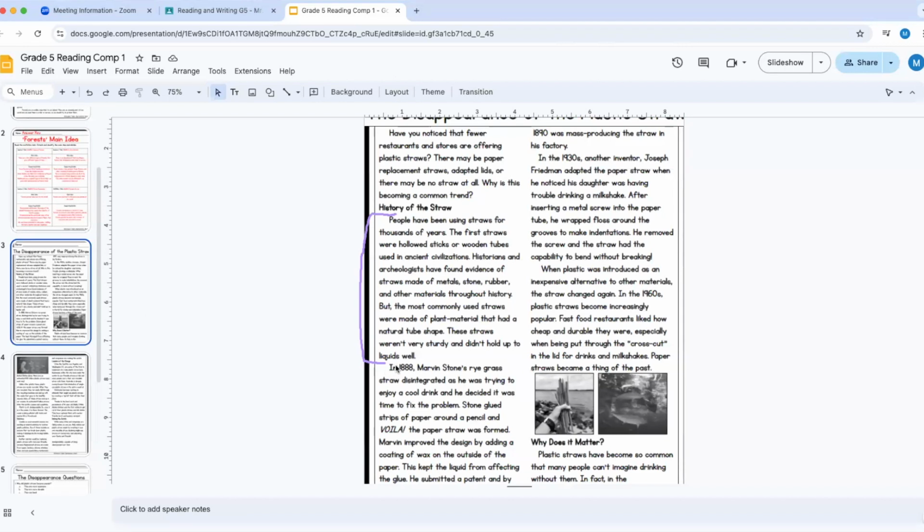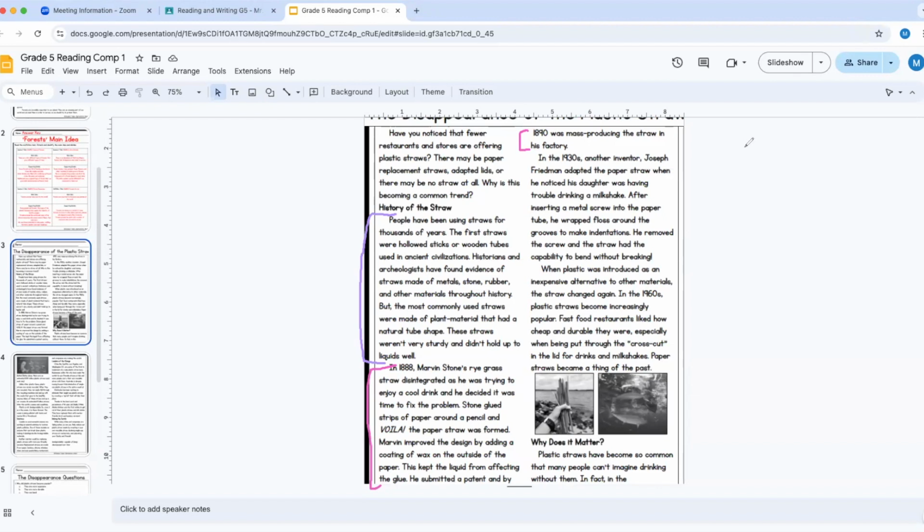Ruby, could you read the pink section for us? In 1888, Marvin Stone's ryegrass straw disintegrated as he was trying to enjoy a cool drink, and he decided it was time to fix the problem.